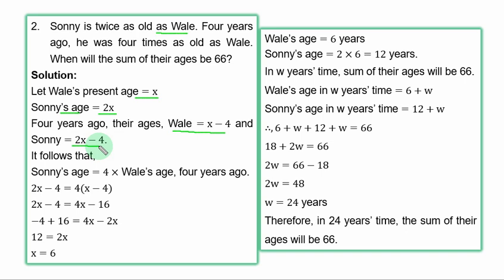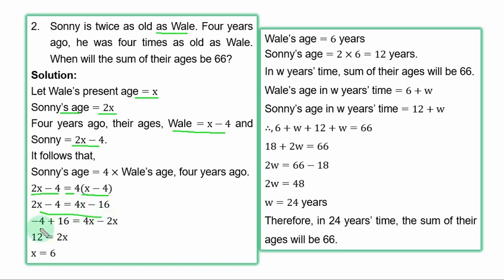From the question, 4 years ago, Sonny was 4 times as old as Wale. That means Sonny's age 4 years ago, 2S minus 4, is equal to 4 times Wale's age 4 years ago, S minus 4. If you open the bracket in the right hand side, you have this result.